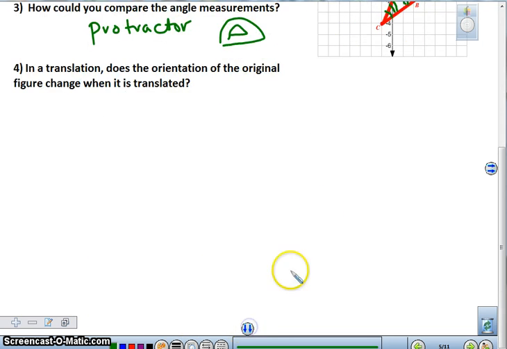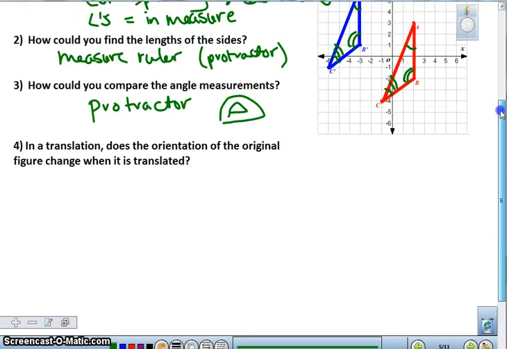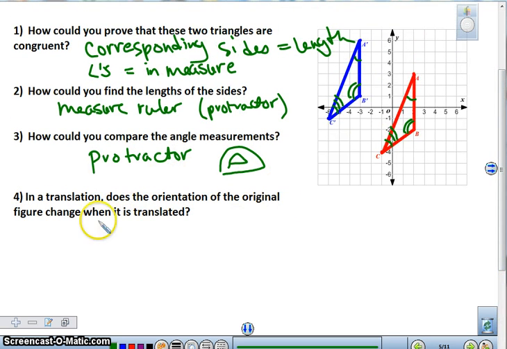And then it says, in a translation, does the orientation from the original figure change? Orientation is how you go around it. So if I go from A to B to C, I would say that the orientation of triangle ABC is clockwise.